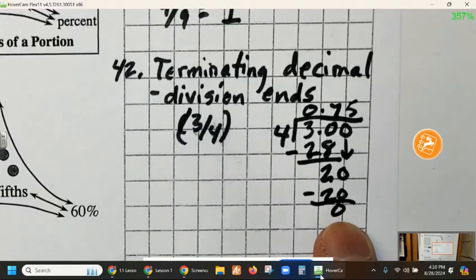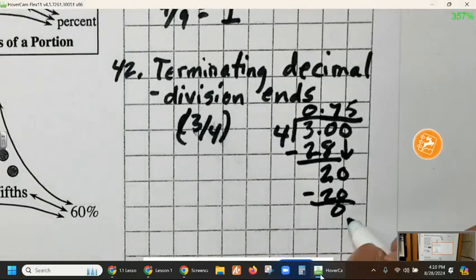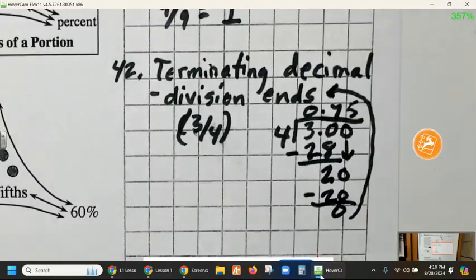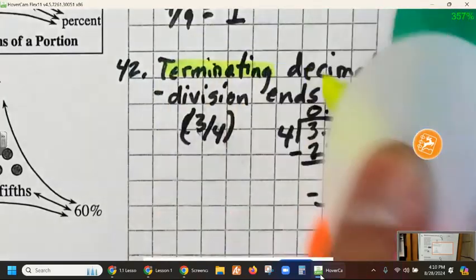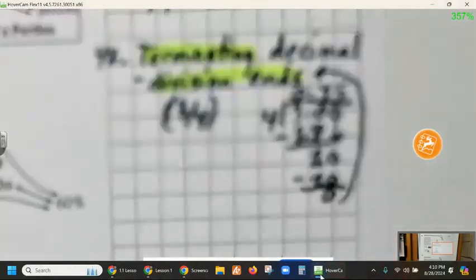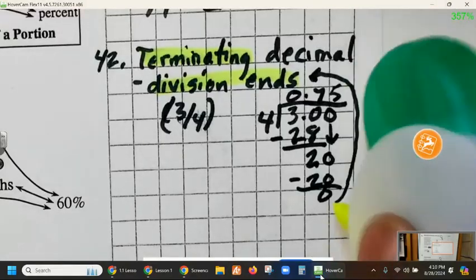When we have a remainder of 0, that means our division has ended. This tells us that we have a terminating decimal. So terminating decimal means the division ends. There is a remainder of 0.